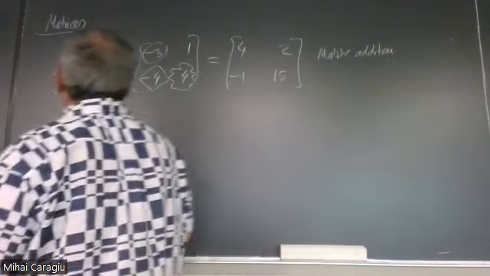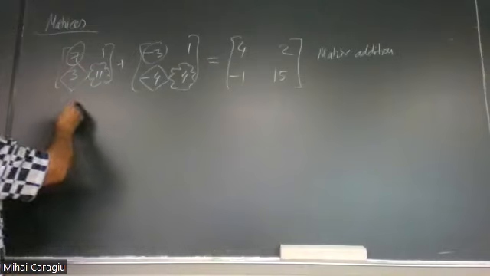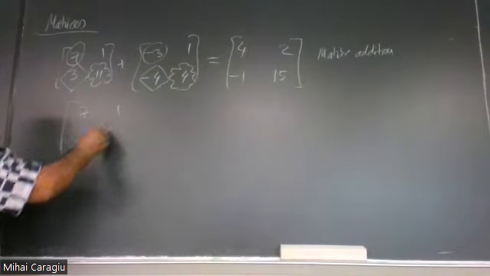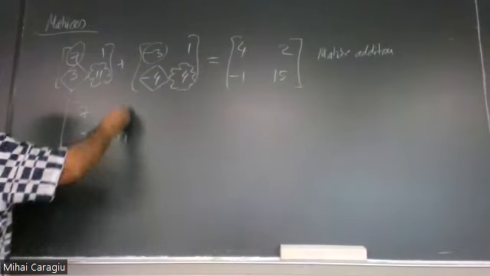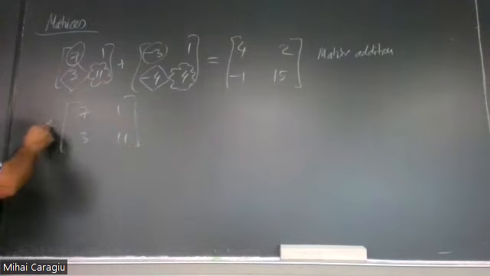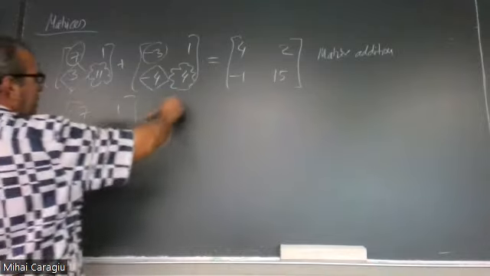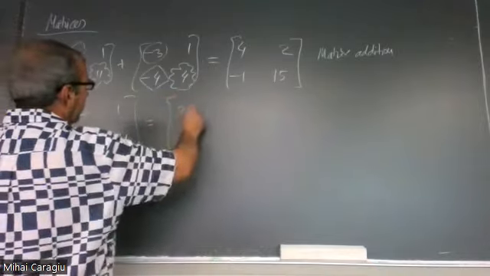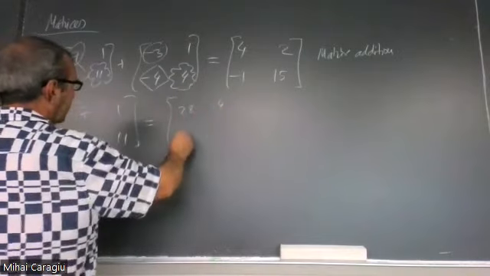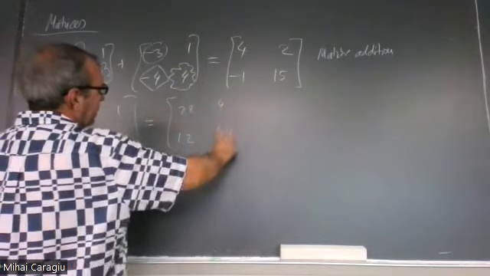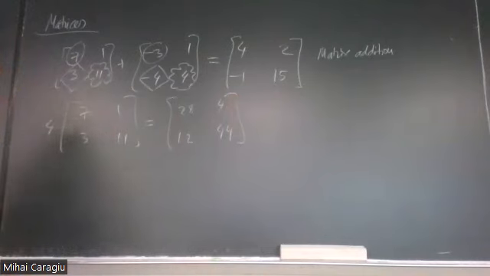Then matrix multiplication by scalars. So let's see, 7, 1, 3, 11. Multiply this matrix by 4. Multiplying a matrix by a scalar means multiplying every entry of the matrix by the scalar. So we get 28, 4, 12, and 44. Multiply every entry of the matrix by 4.